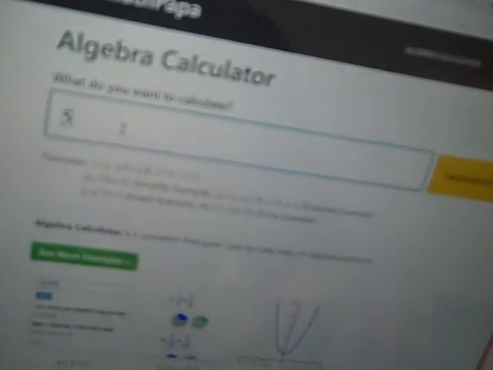Okay, now I have my common denominator. That's been found. X plus 2 times x minus 5. Okay, and right here we're going to have 5. I could actually do this one in my head. It's 5x plus 10 because you have 5x minus 25 plus 35. Negative 25 plus 35 is 10.